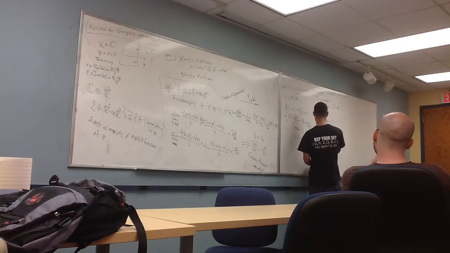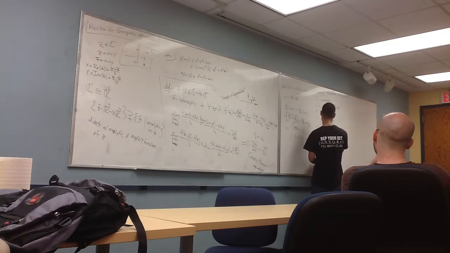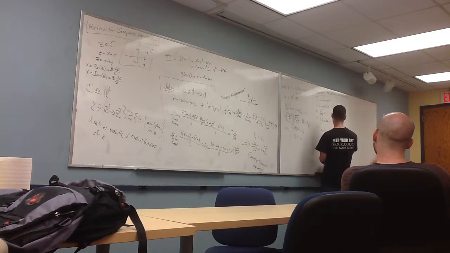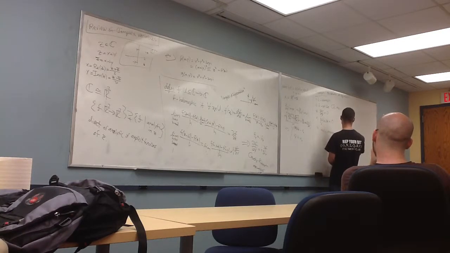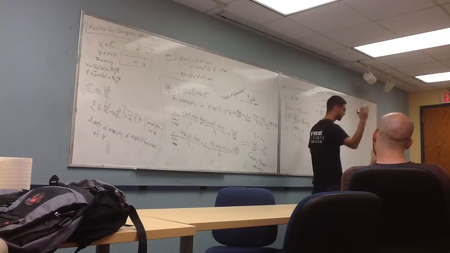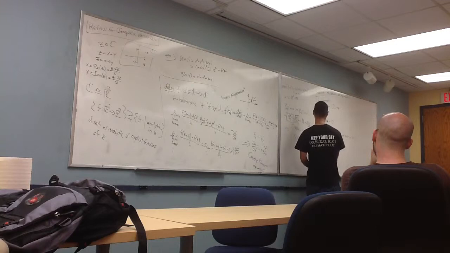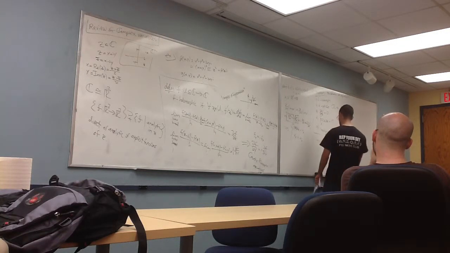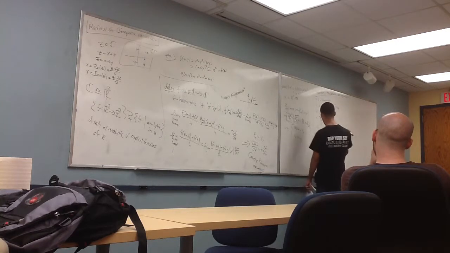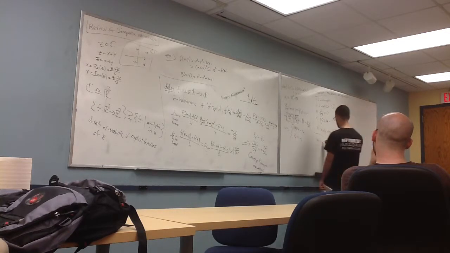And five: f is locally expandable as a power series in z, meaning it has a power series. Right now we'll show that 1 if and only if 2, if and only if 3.